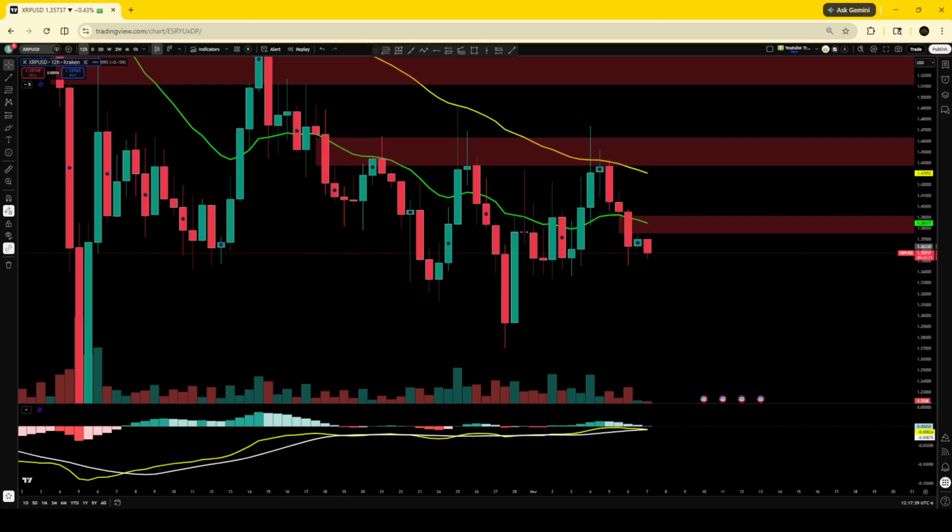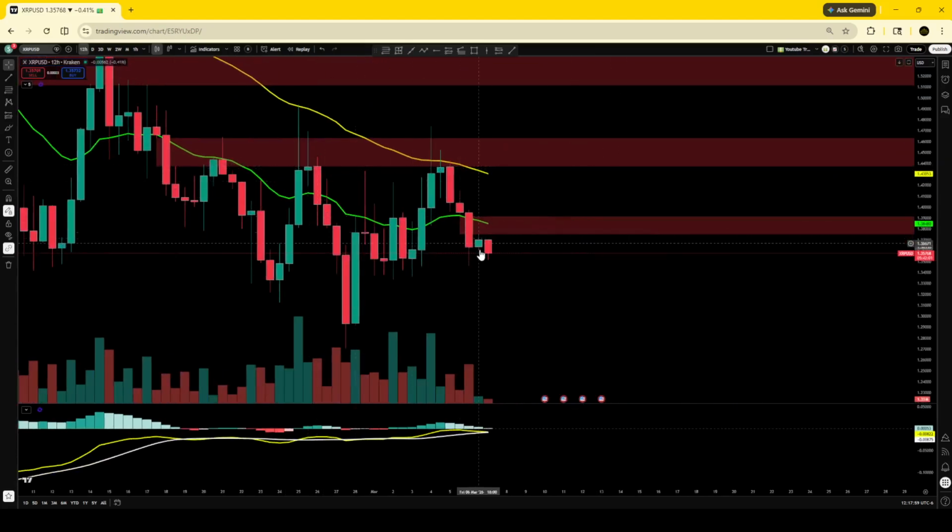Introducing time frames. Now here's where the charts become powerful. Each candle represents a specific time frame. For example, a daily candle represents one full day of trading. A 12-hour candle represents 12 hours. Like this chart is 12 hours. So this candle is worth 12 hours of actual trading.